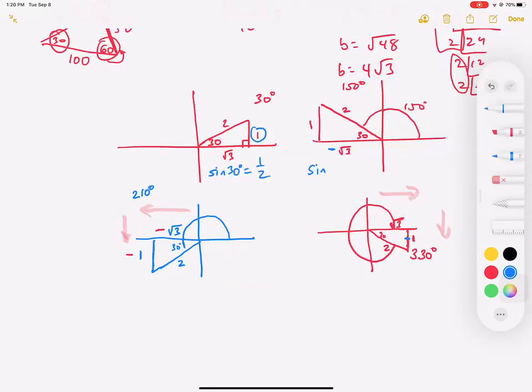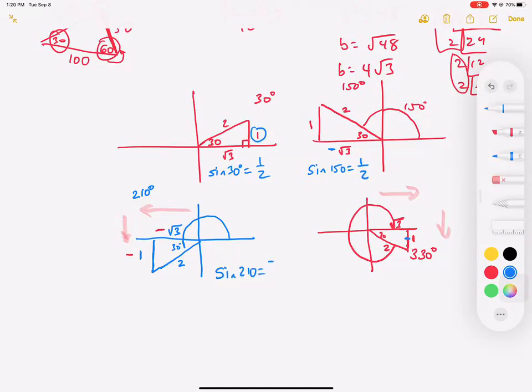Go ahead and take a look for the next one. 150 degrees, quadrant 2. Opposite of 30 degrees is still going to be positive 1 over 2. In quadrant 3, sine of 210 degrees, I'm just copying pieces of the triangle.